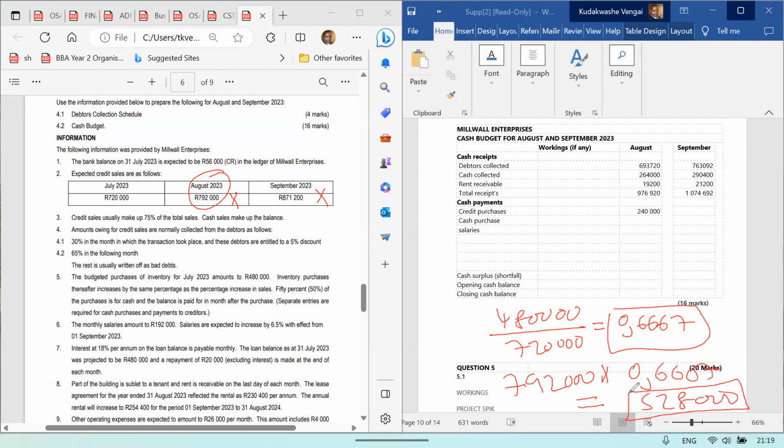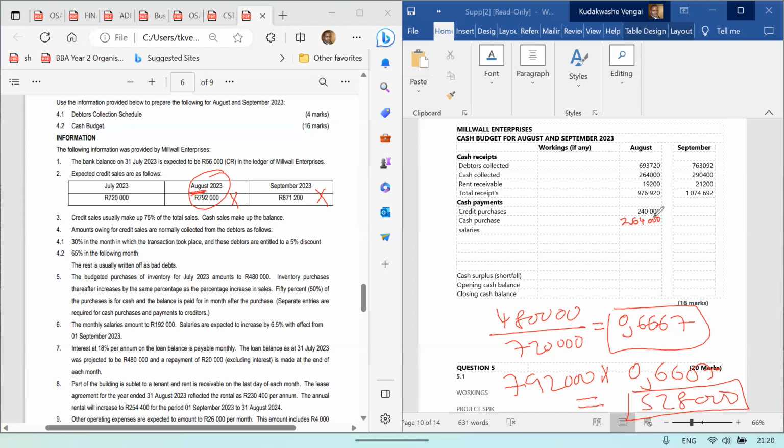And remember what we said, 50% are in cash and 50% are in credit, which means of the 528 purchases in August, 528 multiplied by 0.5 gives us 264. So under cash purchases, we can say 264 were purchased in August.